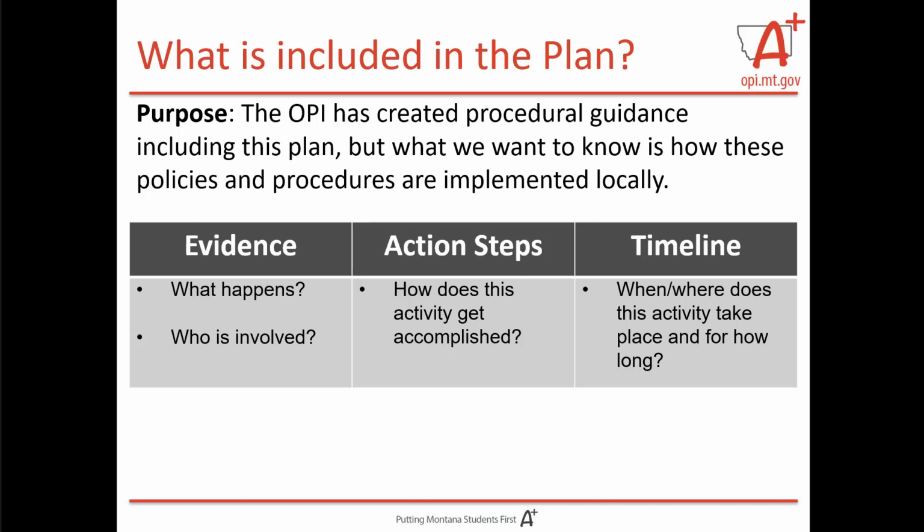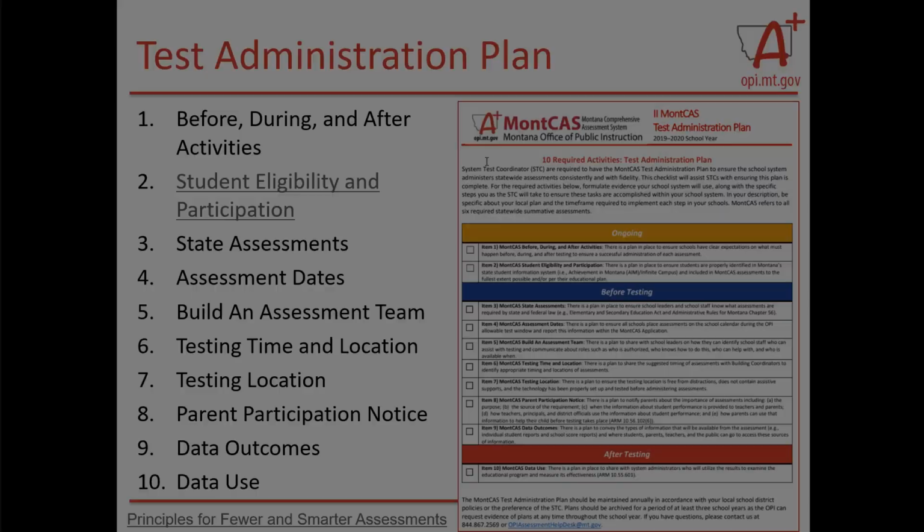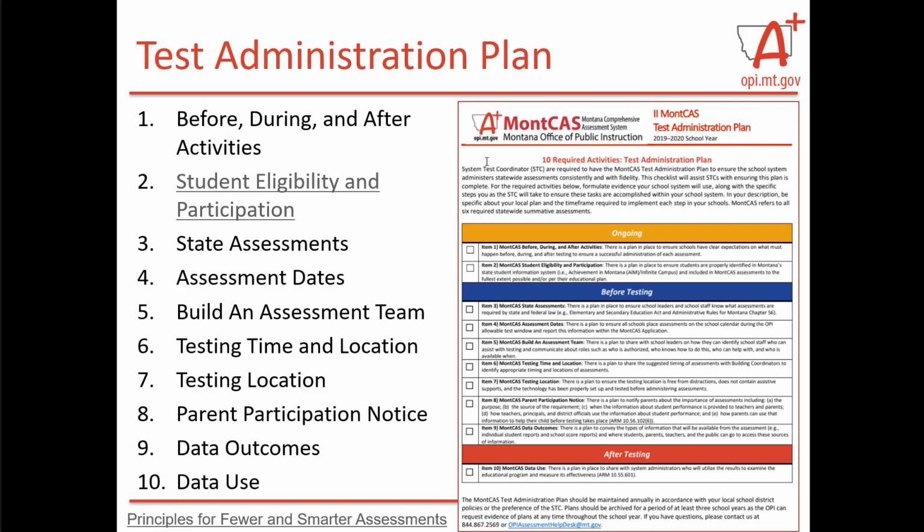The plan should be maintained annually in accordance with the local school district policies and stored for a period of 3 years. Plan 1, the test administration plan, is important as it covers these 10 items, which are foundational with the principles for fewer and smarter assessments and testing transparency guidelines that each stakeholder in assessments should be knowledgeable of and familiar with.